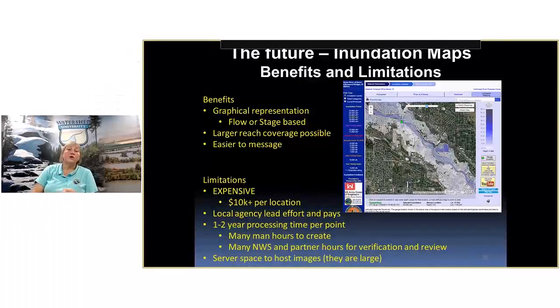That cost is covered and handled by the local agency. The National Weather Service does not pay for that. So it's expensive. The local agency involved, be it a flood control agency, county emergency services, or whatever, if they want those inundation maps, they have to commit to the money and the resources.